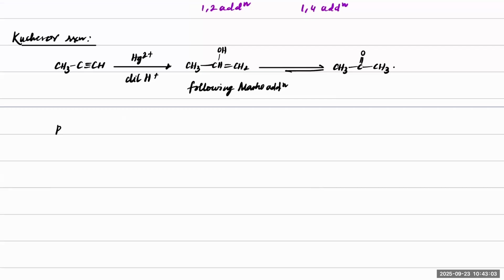One standard question that has been asked from this area is like this, where you have a double bond here with Hg2+ and dilute H2SO4. In that case, the major product has to be on the phenolic side.